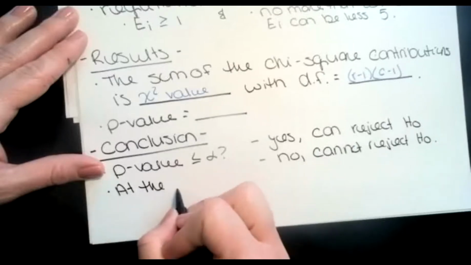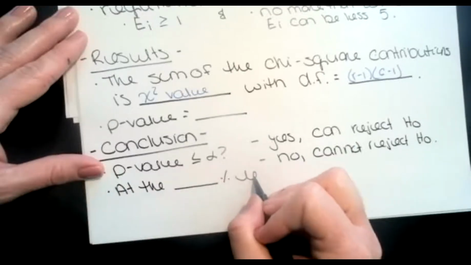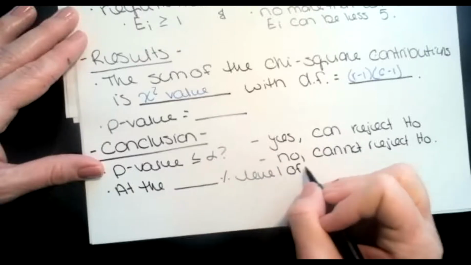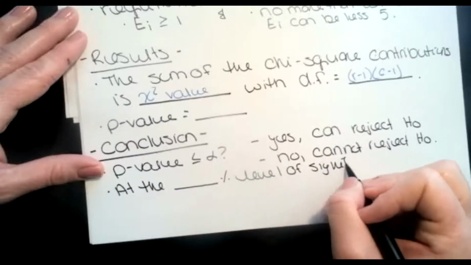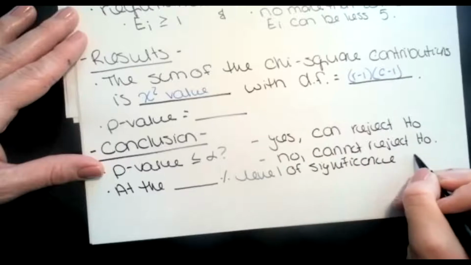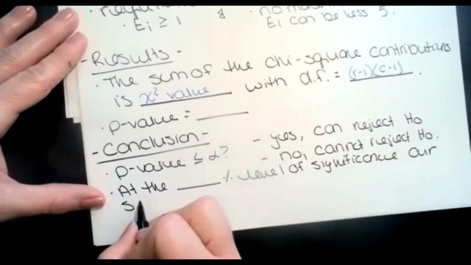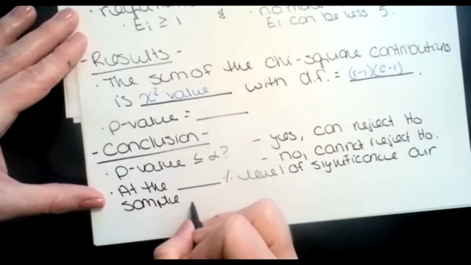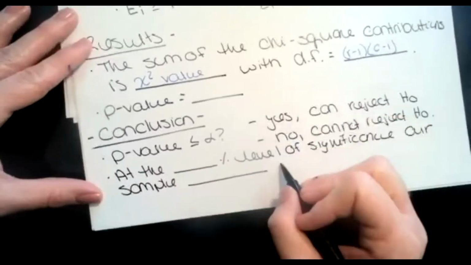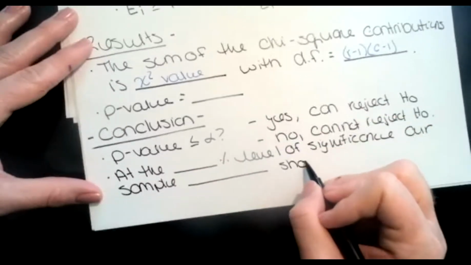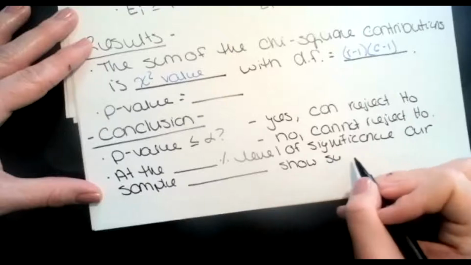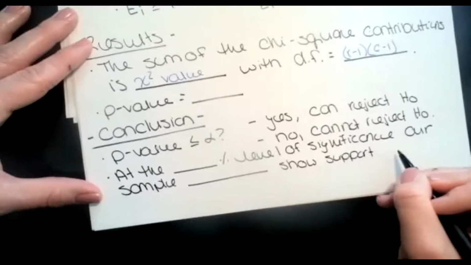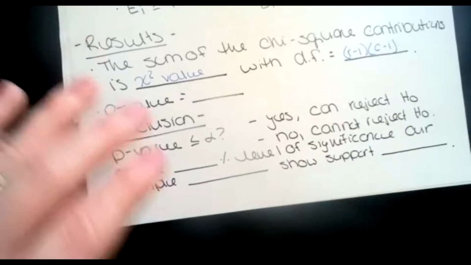At the alpha percent level of significance, our sample does or does not show support for my goal.